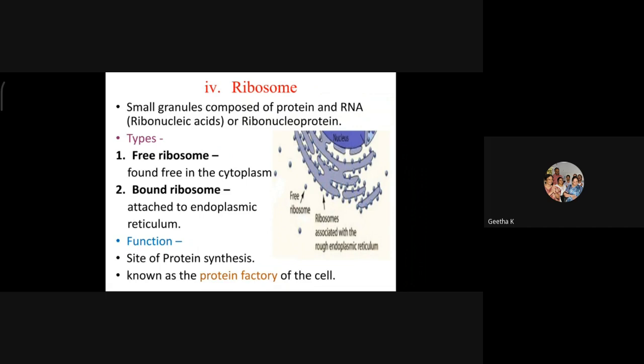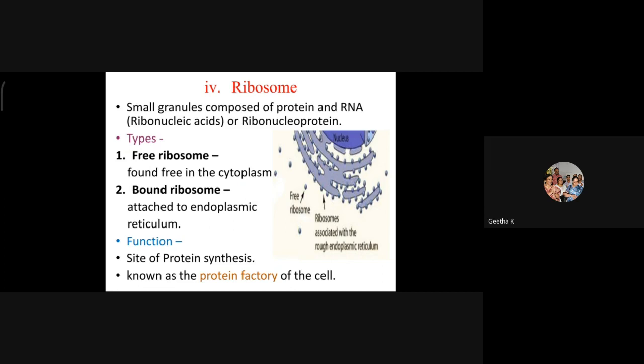These are produced by the nucleus. So, ribosomes are composed of protein and RNA. RNA means ribonucleic acid. It's a type of acid. Ribonucleoprotein means RNA plus protein.